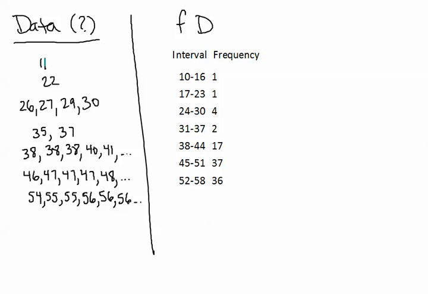So I'm faking it with these numbers. I'll let 11 be the data value that was in the 10 to 16 interval, 22 be the one in the next interval, and so on. So there were 4 in the next interval, there were 2 in the next ones, and you might even notice that I made them from the higher end. In the interval from 31 to 37, I'm assuming that we have 35 and 37.